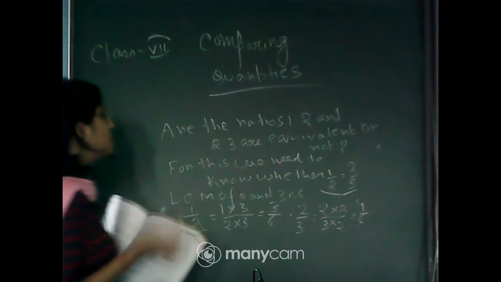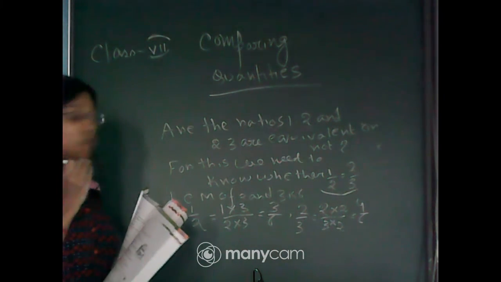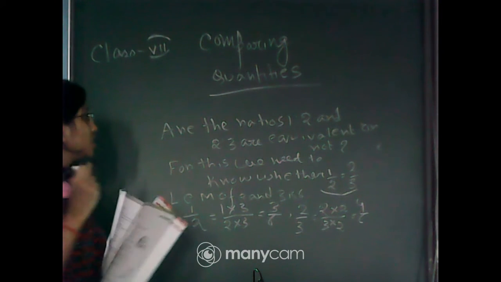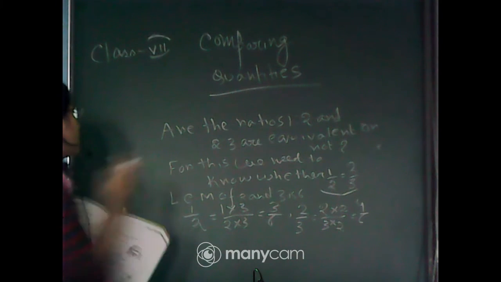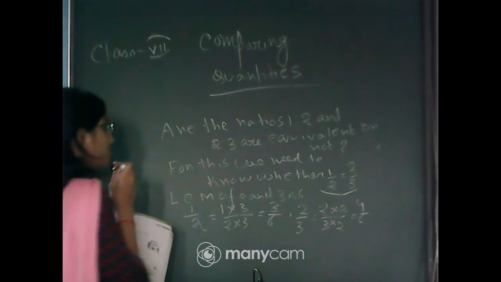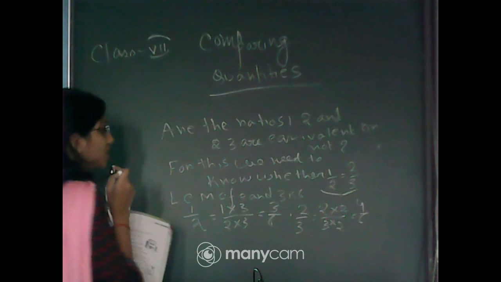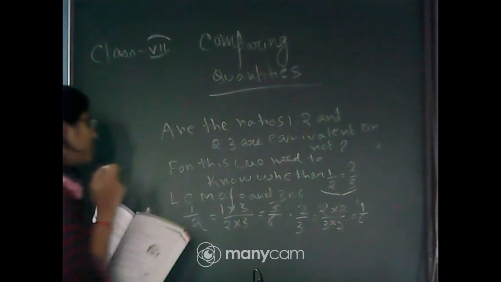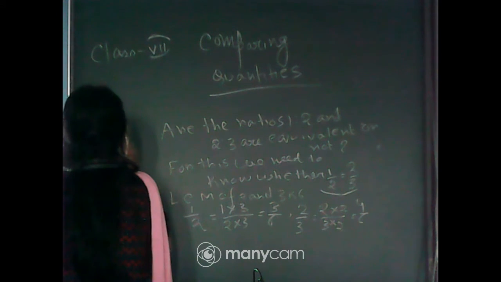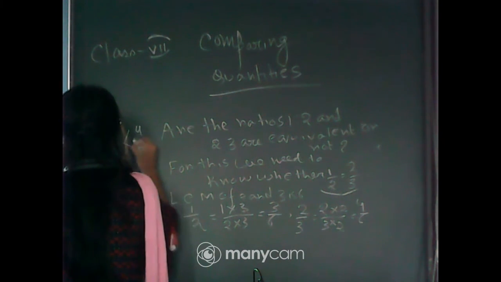So 1 by 2 is equal to 3 by 6 and 2 by 3 is equal to 4 by 6. Obviously, 3 by 6 is less than 4 by 6.